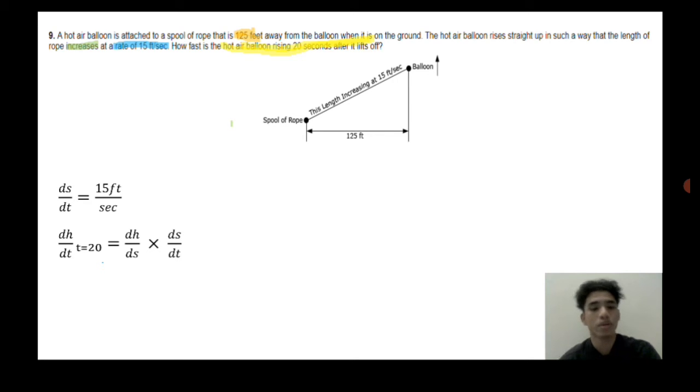So how do we get this equation? First, we already had the ds over dt, which is 15 feet per second. In order to cancel out the ds and replace it with dh, we put dh over ds here, so that the ds will be cancelled out, and the end result will be dh over dt.